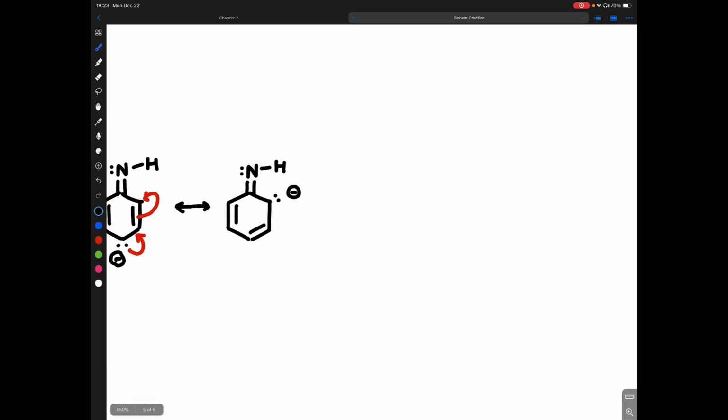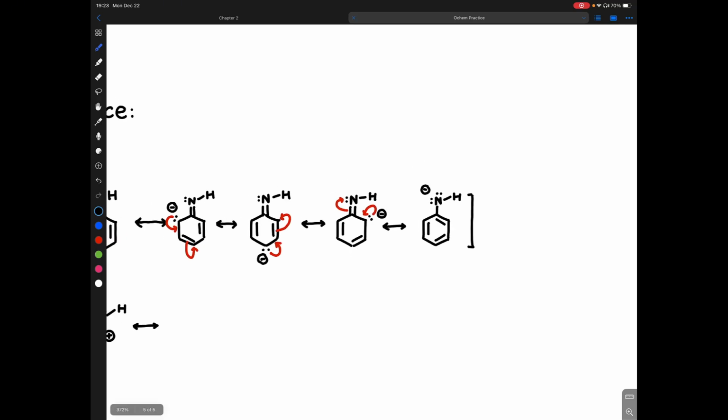And last but not least, this lone pair on the carbon is now allylic to the double bond of the CN bond, and you can do another 2-arrow push. And that basically completes our resonance structures.